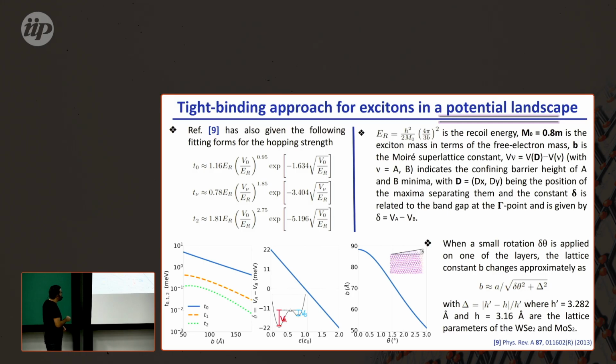To show that, I show this plot here, that by increasing theta, we decrease the Moire superlattice constant, and also increase the hopping. And it's linearly dependent on the bias voltage, okay? That is related to the band alignment of those two van der Waals layers.